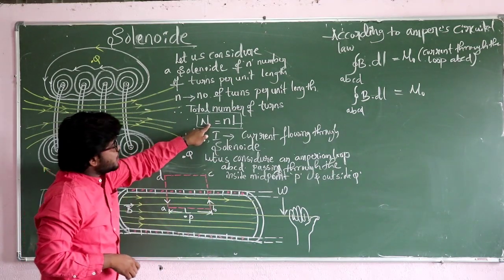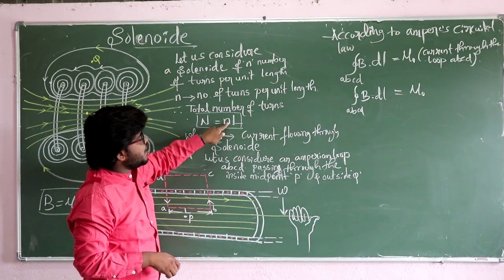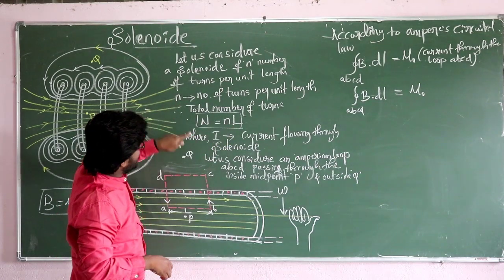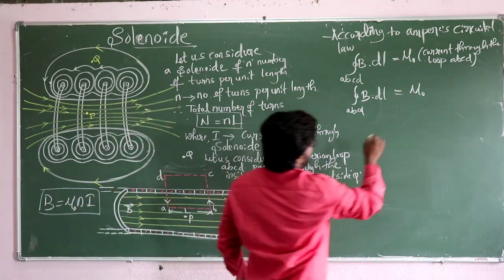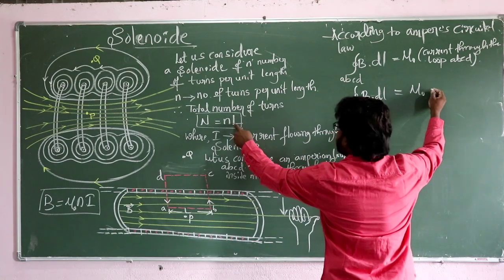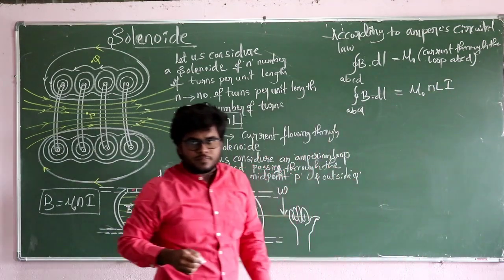It is the total number of turns, and the current passing through each turn is I. Then the total current through the loop becomes NL into I. Understood?